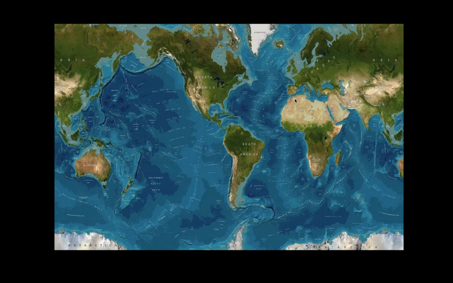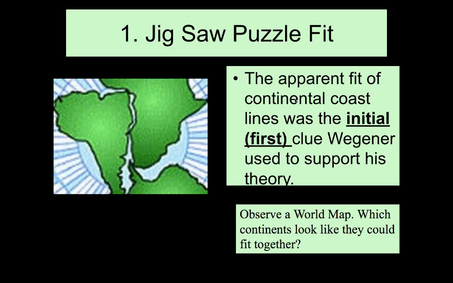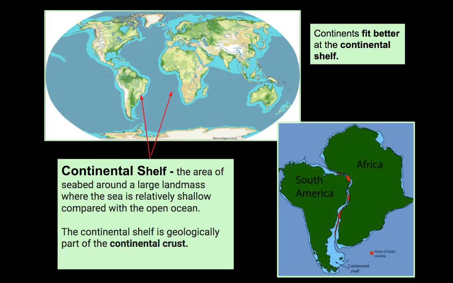Both I've highlighted before. What's really important to note here with this apparent jigsaw puzzle fit of continents was that when we look at what's called the continental shelves around the continents, we actually see a much better fit.